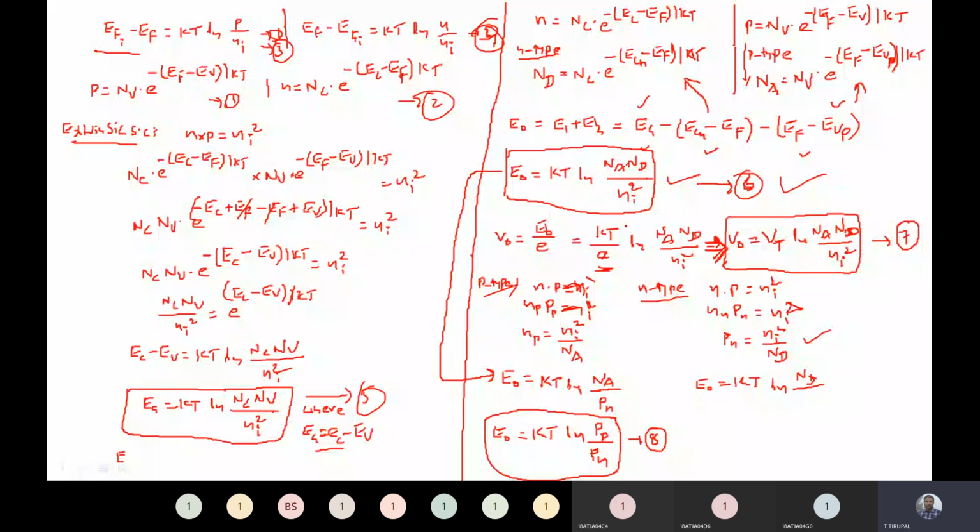Ni square divided by Na is Np. So therefore, E naught is equal to KT ln Nd, which can be written as Nn, the donor concentration in N-type semiconductor, and the denominator is Np. So this is another equation. We are learning multiple equations. Please do remember the ninth equation.